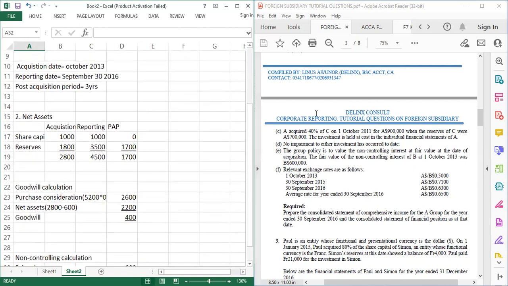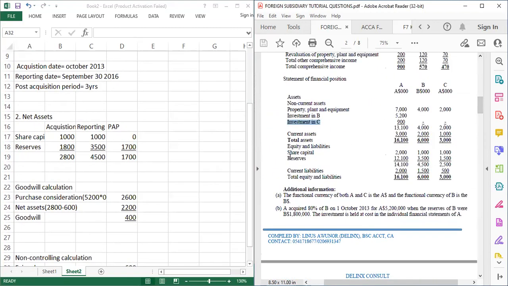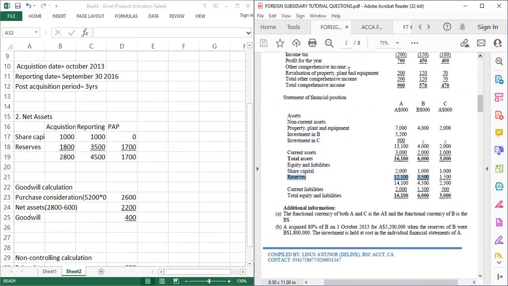Let's look at this. You can see that the subsidiary is showing only reserves, isn't it? It means that their revaluation and profit for the year are all included in the reserves. Sometimes they will give you retained earnings, which relate only to the profits. The revaluation gain over here, which is 120, the NCI will also take 20%.